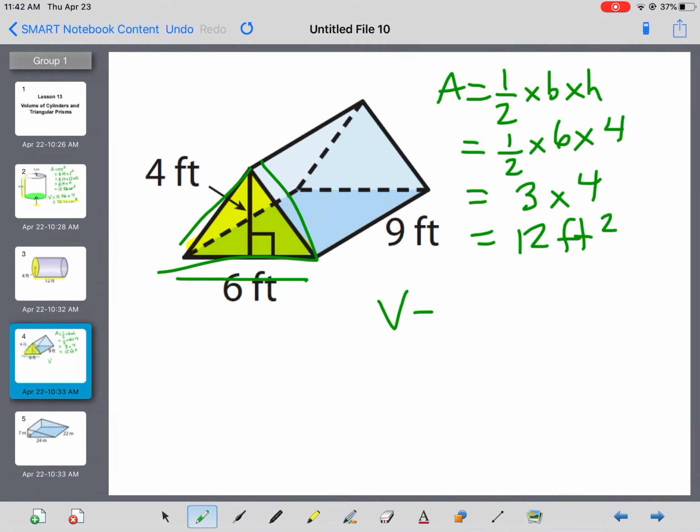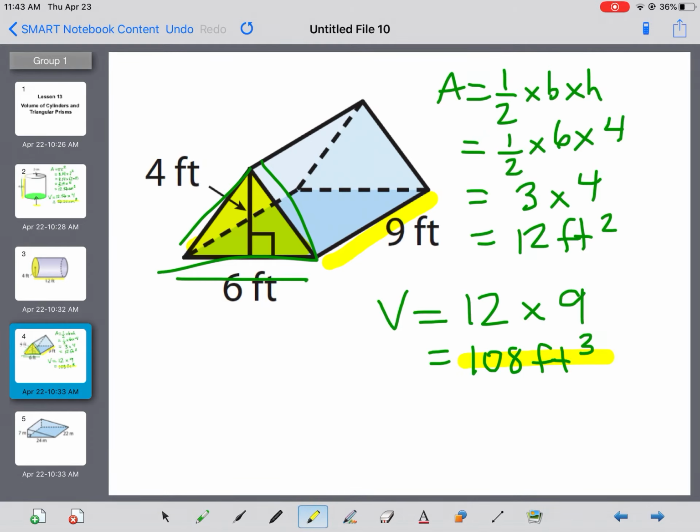Then all you have to do is multiply that by the height, which in this case, since this is on its side, we've got the height right here. So the volume is, simply you take that area of the base, multiply it by the height. The volume is 108 feet cubed. Got to make sure I get those units right. So there's your volume for this triangular prism.